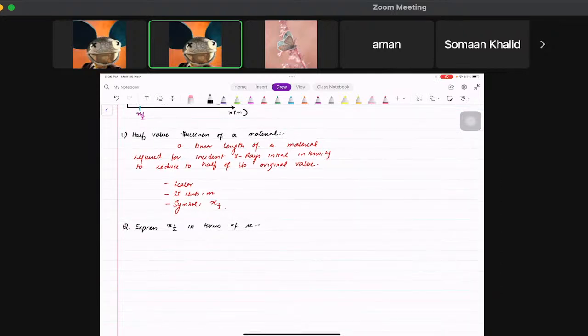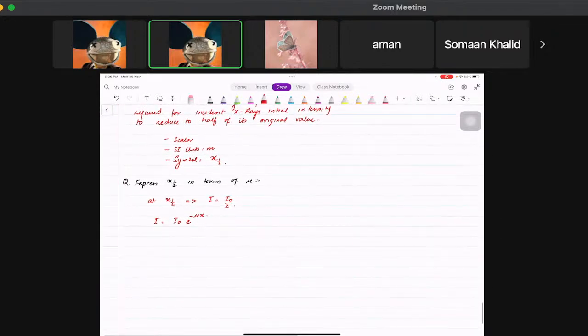So we say at half value thickness, intensity becomes half of its original value, right? So intensity is given by I naught e to the minus mu x. So that's the formula. We can write this as I naught over 2 equals I naught, and at that point we're going to get half value thickness right here. And then basically I naught and I naught cancel out.